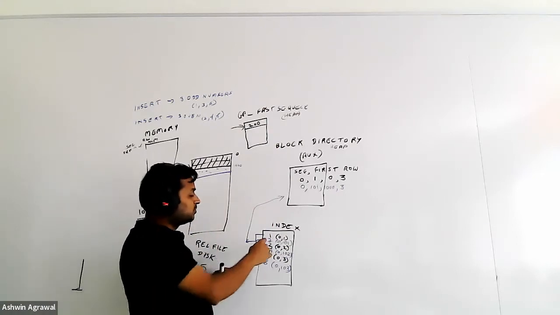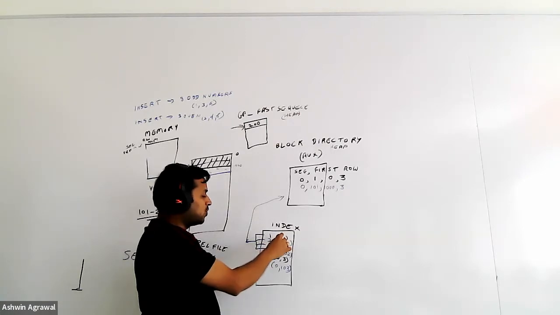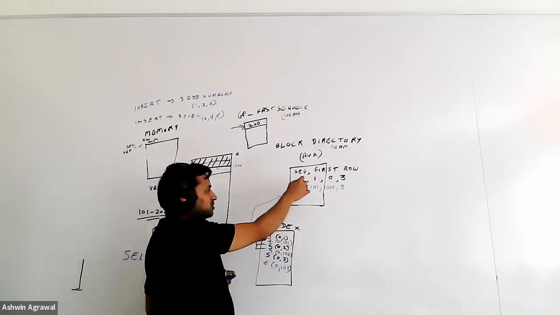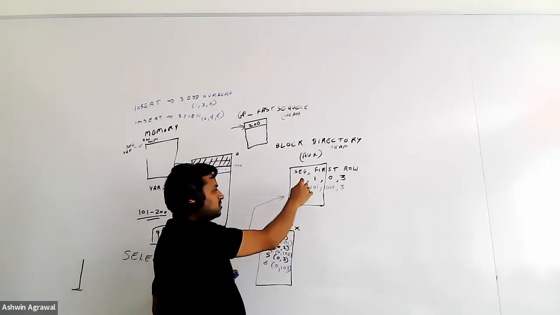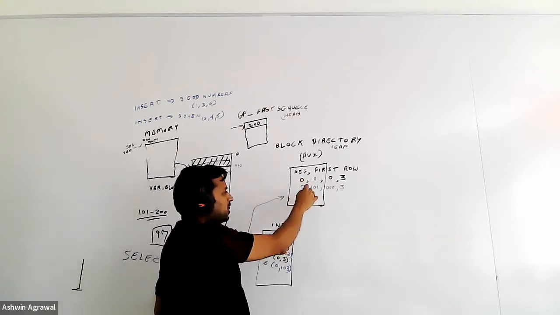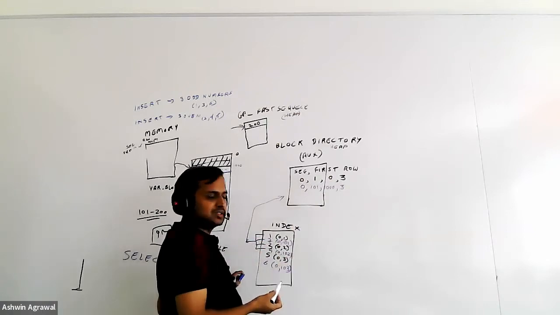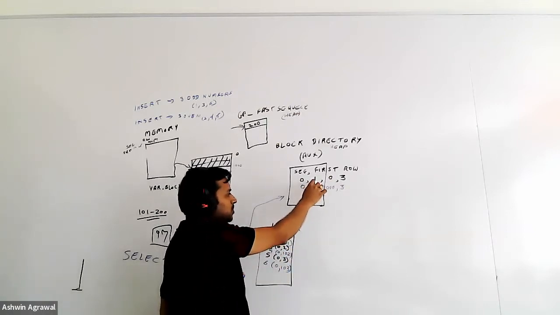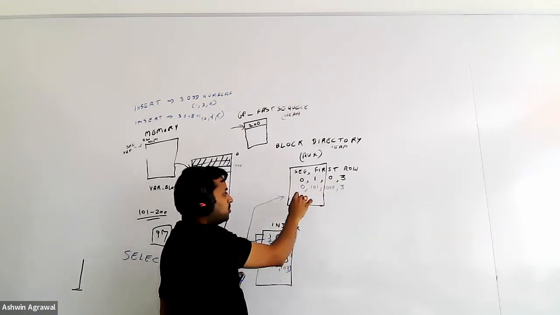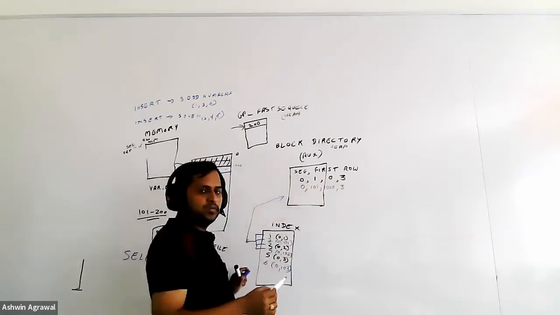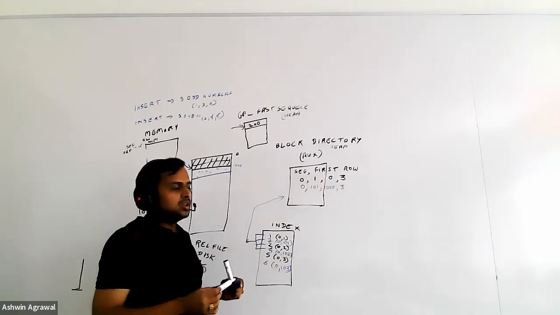So how do we use this information? We use 0, 1. The 0 tells us which segment file, and the 1 tells us where exactly that row is present, because based on the first row number and row count, you can figure out which block this row number lies in.